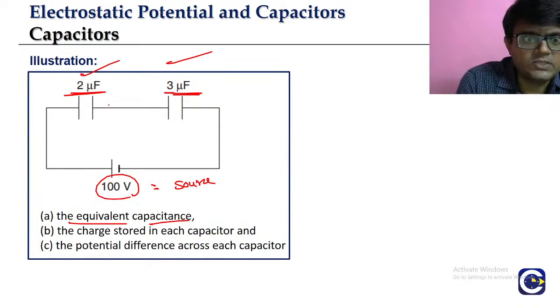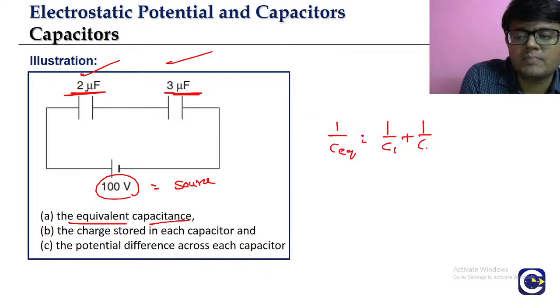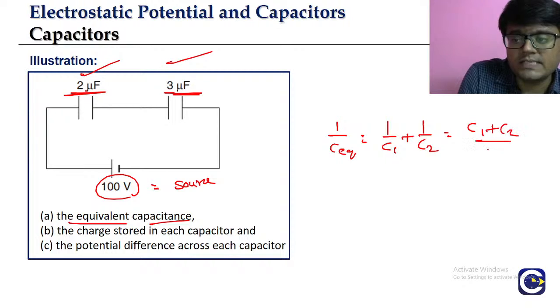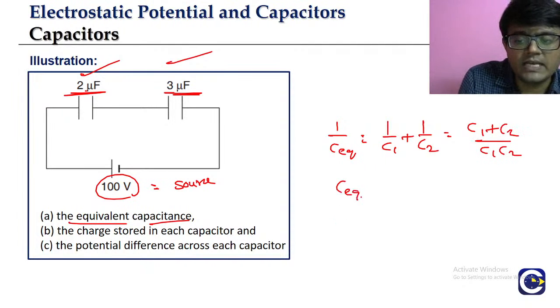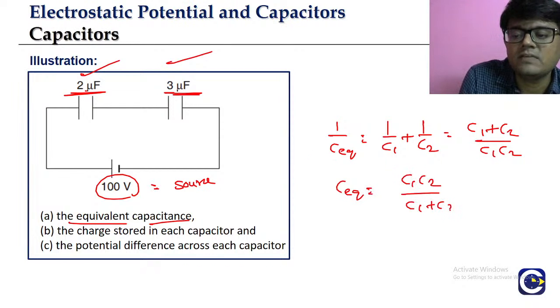Find the equivalent capacitance. You can try it. There is a 2 microfarad and a 3 microfarad capacitor. How will the equivalent capacitance come? 1 by C equivalent is equal to 1 by C1 plus 1 by C2. Taking the LCM, it will be C1 plus C2 by C1 C2. Reciprocating, C equivalent is equal to C1 C2 by C1 plus C2.